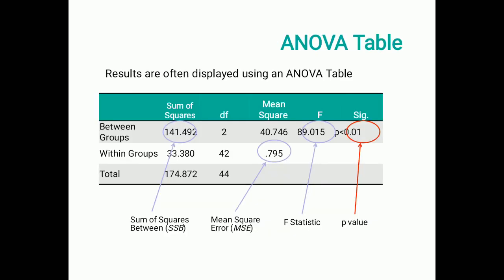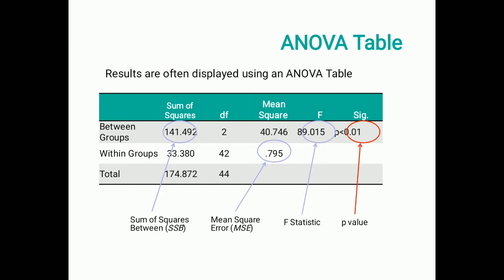Now in this table you can see what each value means. Between groups, the sum of squares between means, SSB, is 1141.492, and the degree of freedom is 2.